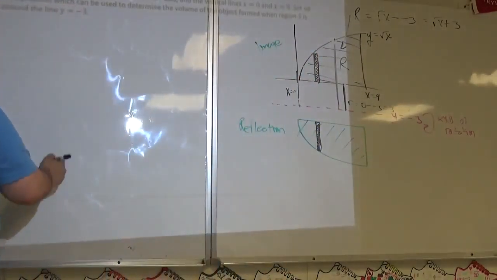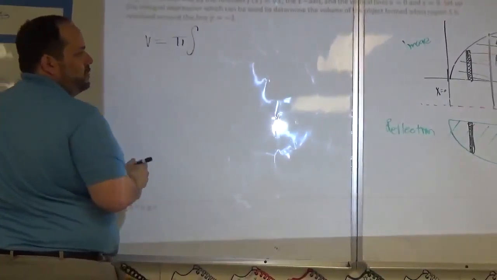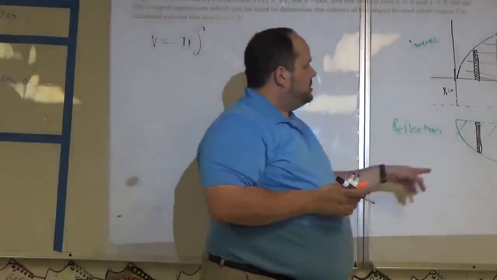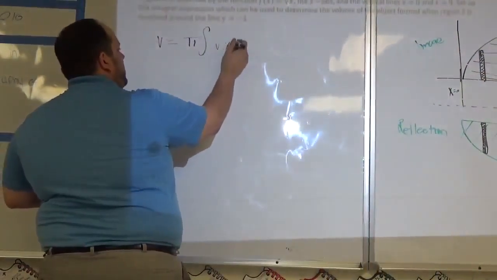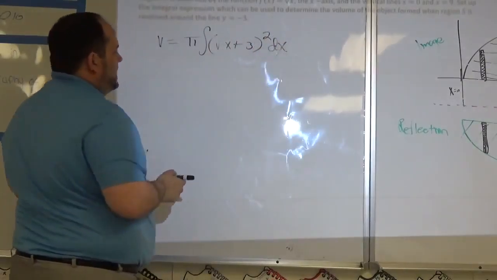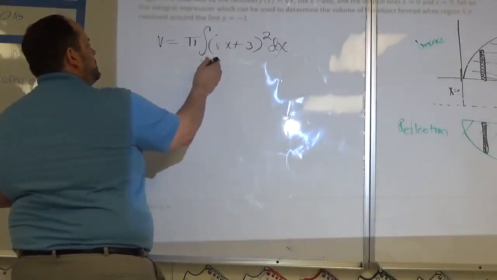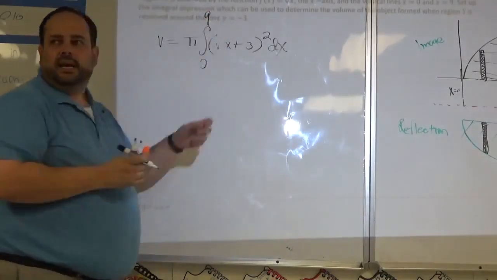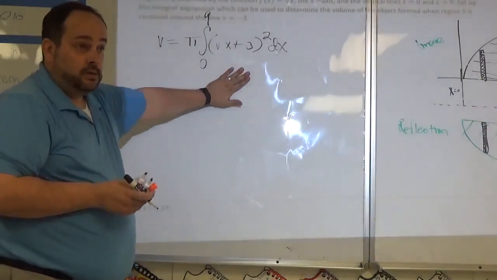We're going to pull all of it together. The way that you find the volume if it was solid: you take your big radius here, which is the square root of x plus 3, squared, dx. I need limits of integration. Where are we going from? 0 to 9. Is this okay? Okay, not the final answer.